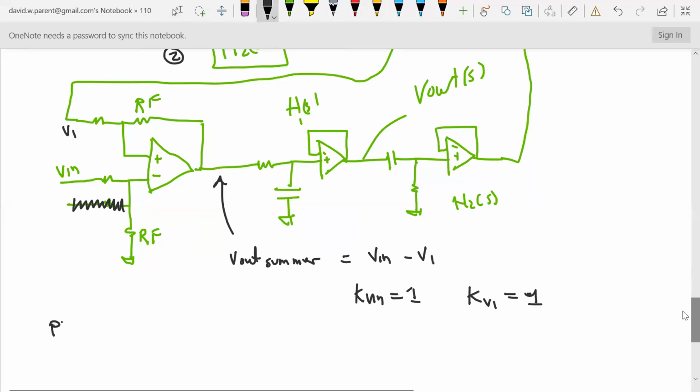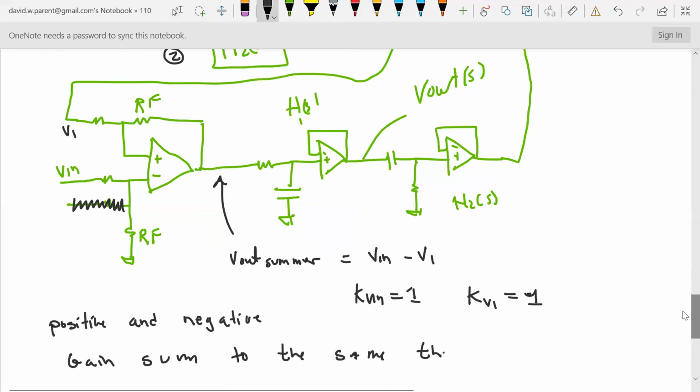All right. Well, the positive and negative gain sum to the same thing.